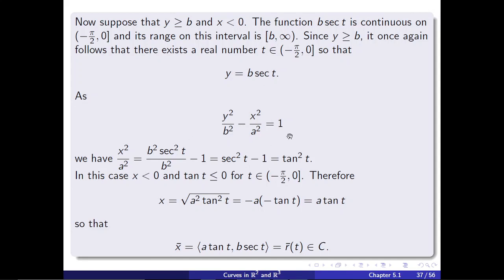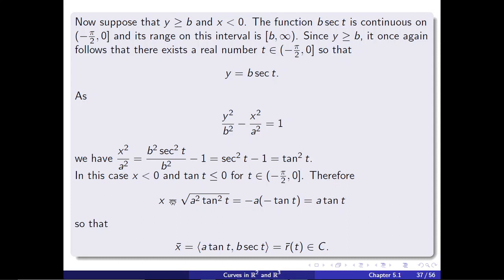Then we use our equation to find out that x squared over a squared is equal to tan squared t. Now, because we are looking at the case where x is less than 0, we also know that tan t is less than or equal to 0 for this case, from minus pi over 2 up to 0.